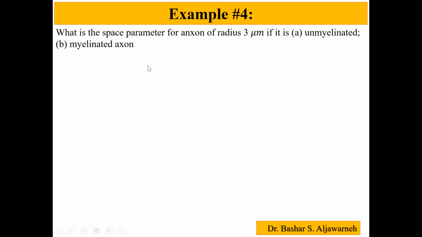Example, what is the space parameter for an axon of radius 3 micrometer if it's unmyelinated or myelinated? Now, I will solve part A with you and leave part B for all of you to do as practice. Here, the space parameter is the square root of R sub M times the radius divided by 2 times the resistivity.